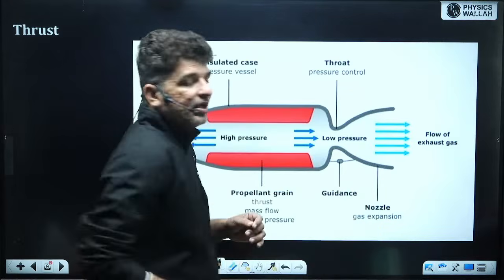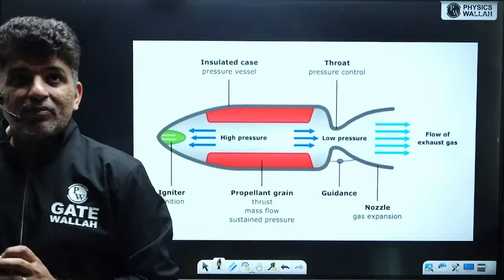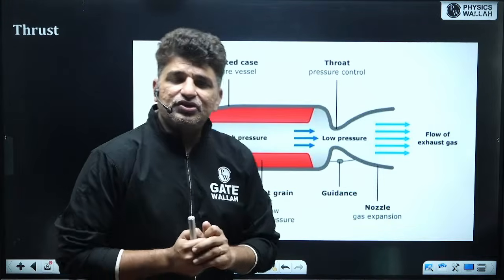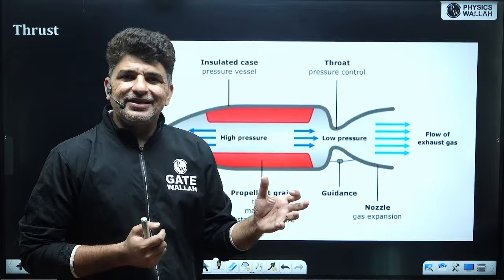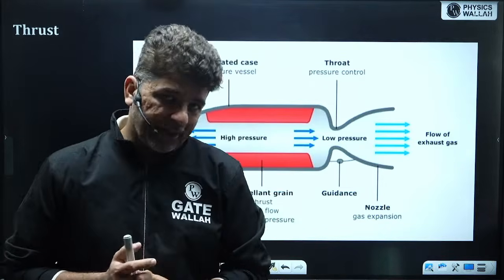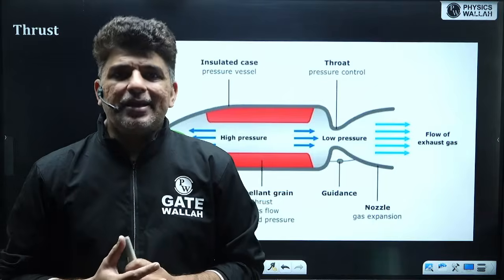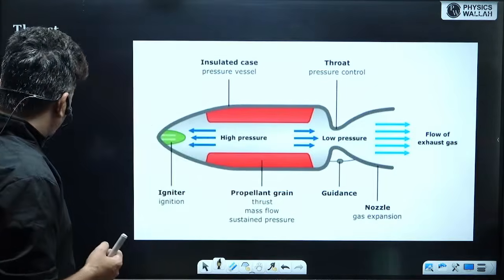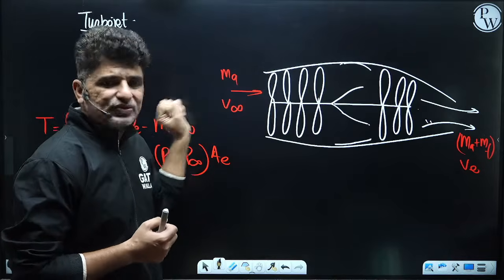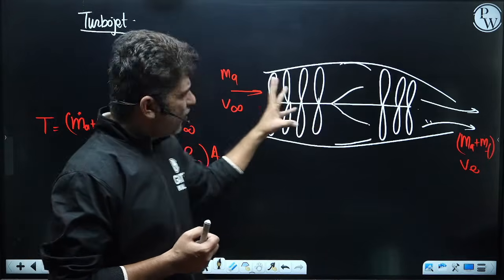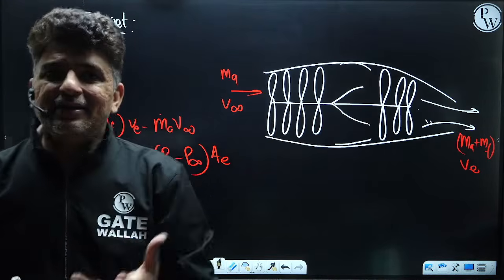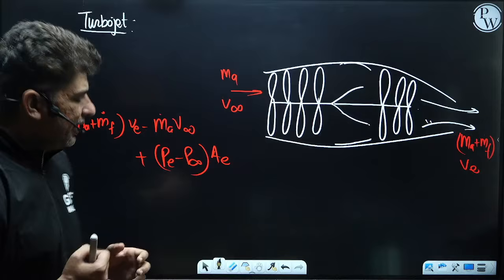So guys, rockets are a very special case. Rocket engines or missiles, everything that does not require atmospheric air to breathe in. Turbojet engines take air from the atmosphere, process it, and then send it out, and in return they get thrust.